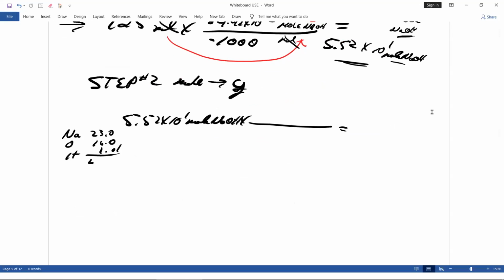I know this number, and I'll help you out. That would be 40.01, which is the molecular weight of sodium hydroxide, 40.0. And you figure out what units you're trying to get to and what goes on top and bottom of this ratio. Your turn.